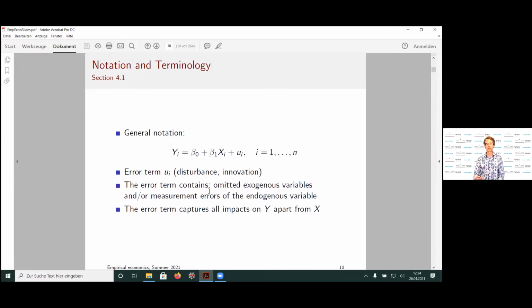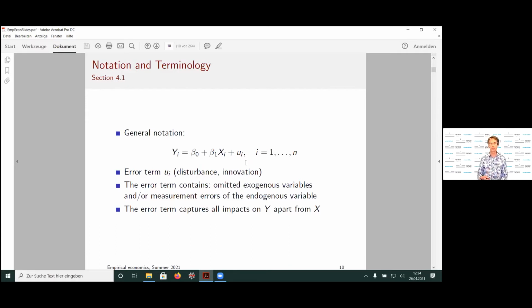So for instance, in a certain school district, the test scores might be particularly bad for some reason, because the tests were conducted very early in the morning, much earlier than in the other school districts, and the students have been so tired that their test performance was much worse than in other districts, for instance. These measurement errors also go into the error term, into the disturbance term.